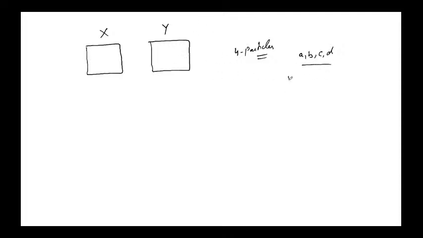These particles are distinguishable. Now there are many possibilities with which these particles can be present in these boxes. So the microstates, if I throw 4 particles, here I will write the macrostate.